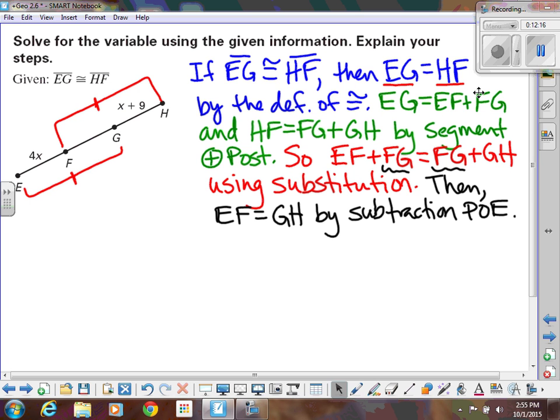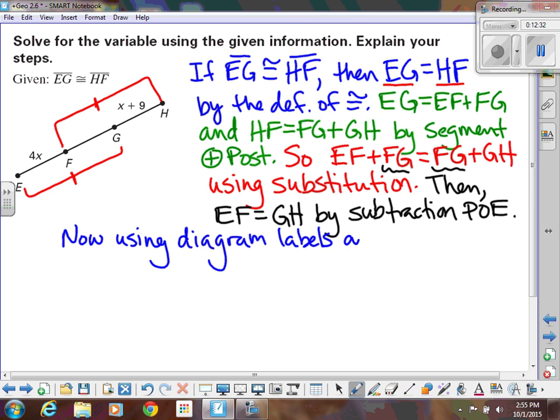Okay. Now we have an equation. So I'm going to say now, using the diagram, so that's like using the given information. In substitution, I know that 4x equals x plus 9.